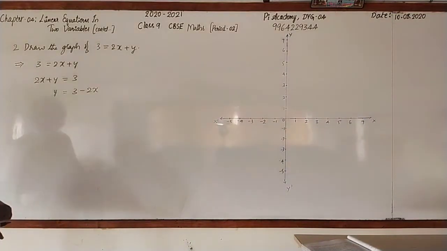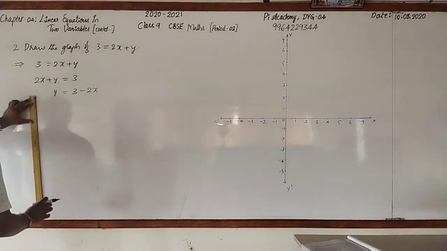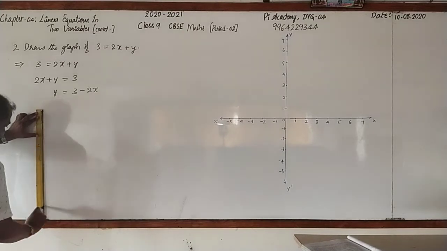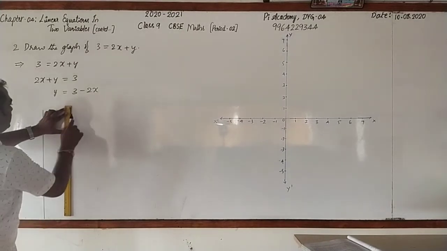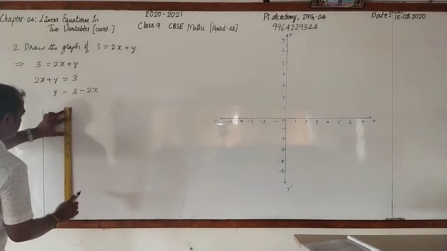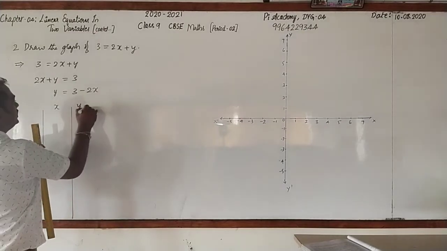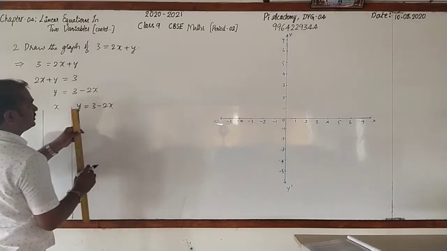Yes. Take scale and pencil and start drawing with me. First, I'll draw our first column for x and second column for the equation y is equal to 3 minus 2x.